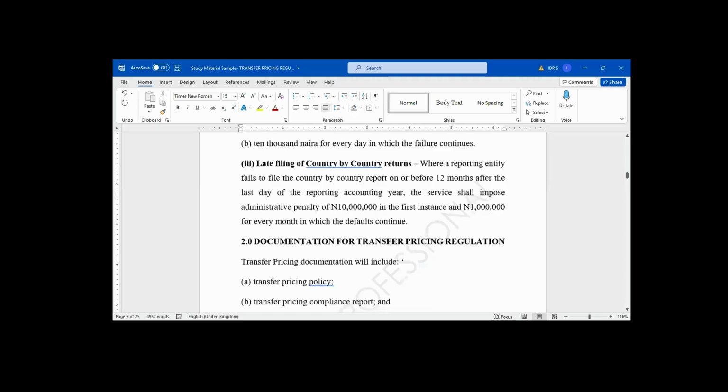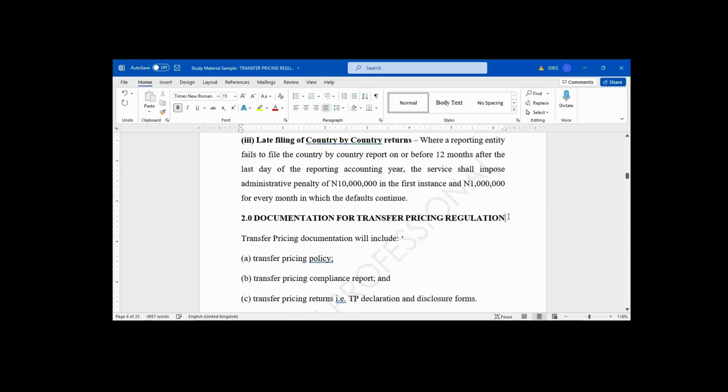Transfer pricing documentation is divided into three.